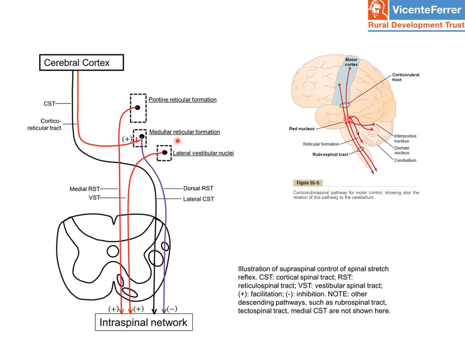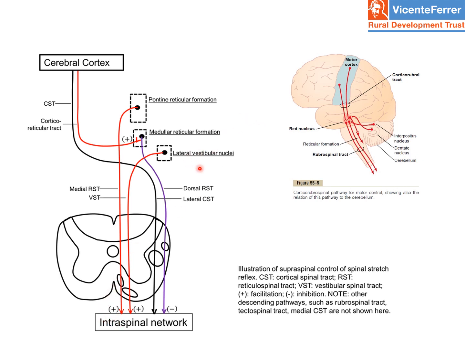Here you can see from the medullary reticular formation, the dorsal reticulospinal tract will come and inhibit these gamma motor neurons, whereas from the pontine reticular formation, the medial reticulospinal tract will come down to the spinal cord and will have a stimulatory effect over the gamma motor neurons.